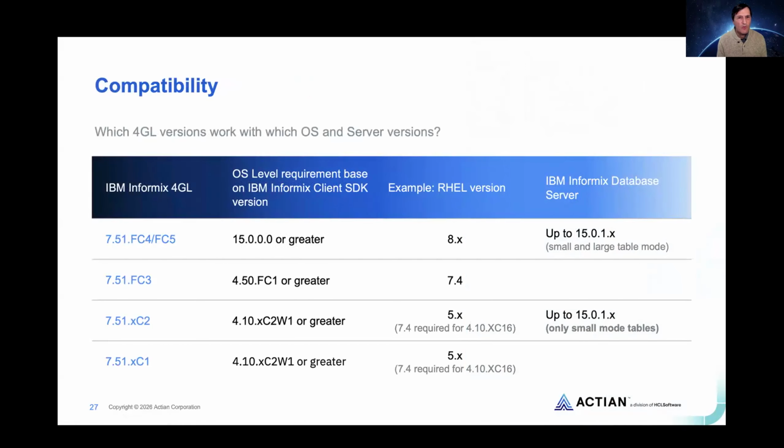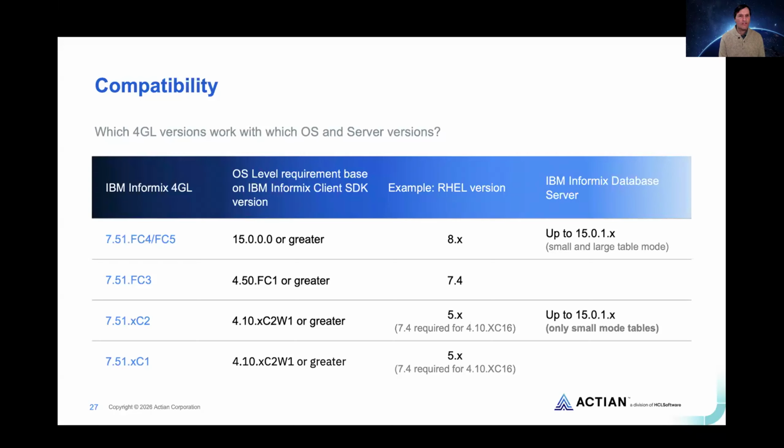So this slide's a little busy, but the main takeaway here is that if you're using a version 15 backend, you really need to recompile your 4GL applications with either FC4 or FC5. Our clients are forward and backward compatible, so you can use an older client with version 15, but it won't be able to access large tables. And there are some features of version 15 that it won't understand. It won't wig out, but it will not be allowed to access large tables, for example.